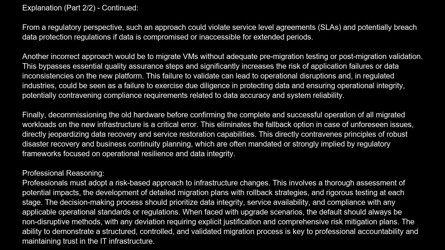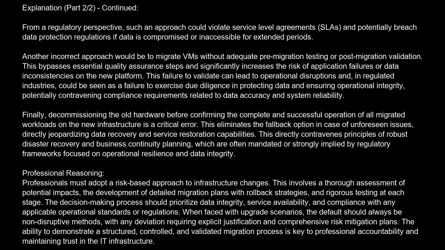Professional reasoning. Professionals must adopt a risk-based approach to infrastructure changes. This involves a thorough assessment of potential impacts, the development of detailed migration plans with rollback strategies, and rigorous testing at each stage. The decision-making process should prioritize data integrity, service availability, and compliance with any applicable operational standards or regulations.